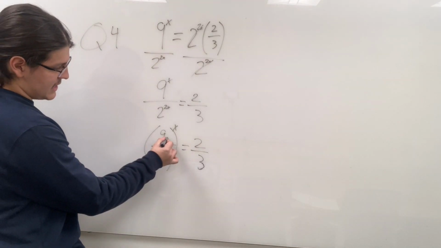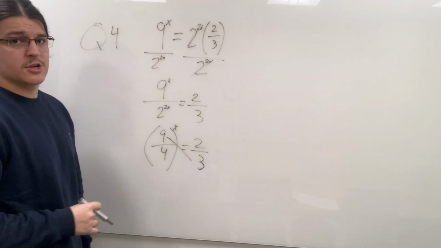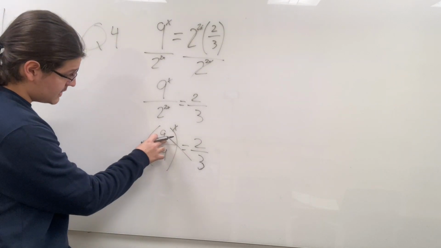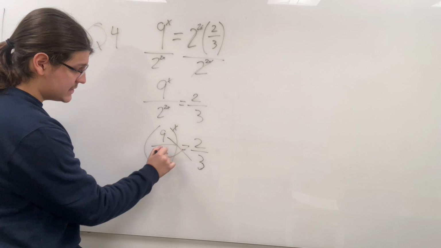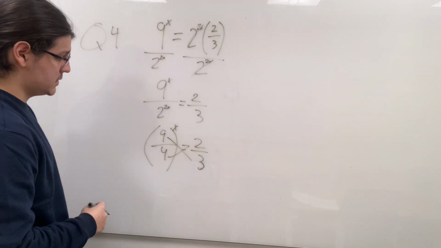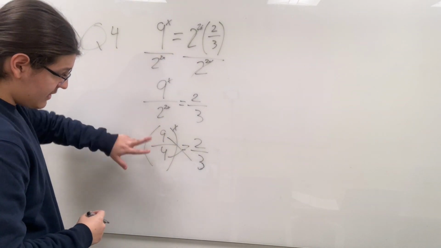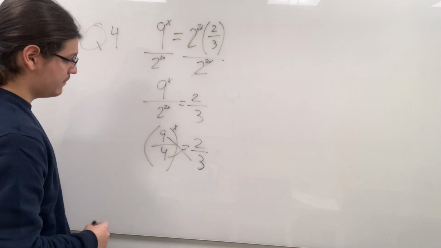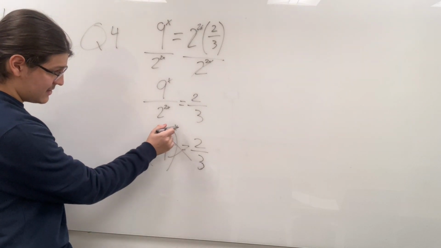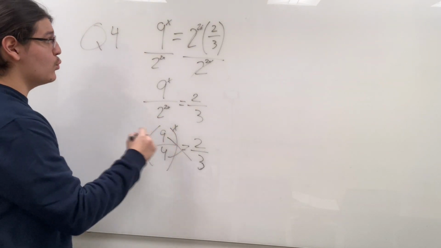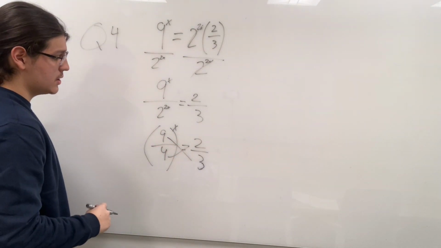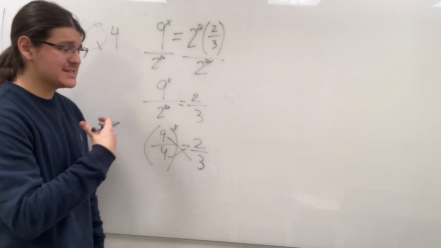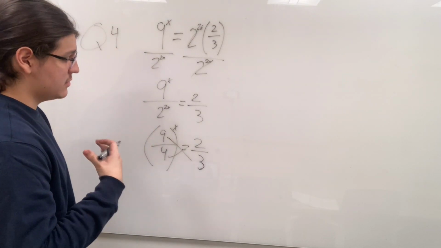Look at this, 9 and 3. What is the relationship there? Well, 3 is the square root of 9, and 2 is the square root of 4. Now these are flip-flopped, so we need x to be a negative number because we need this to switch. Now what is an exponent in terms of the square root?